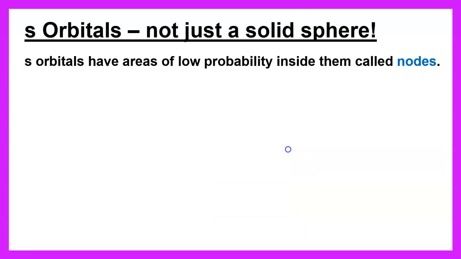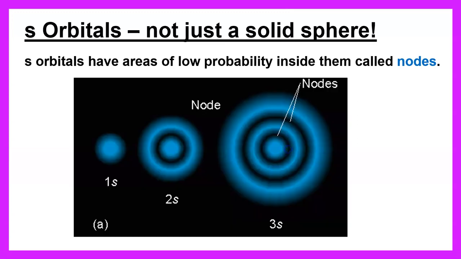An interesting thing that you find when they start doing the quantum mechanics of all of this, all the crazy fancy math, is they find that as you start getting larger and larger s orbitals, you start having regions of space where you have zero probability of finding that electron. So we end up, as you can see here, in a 2s orbital.